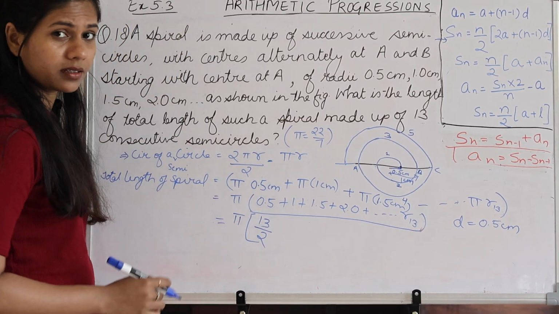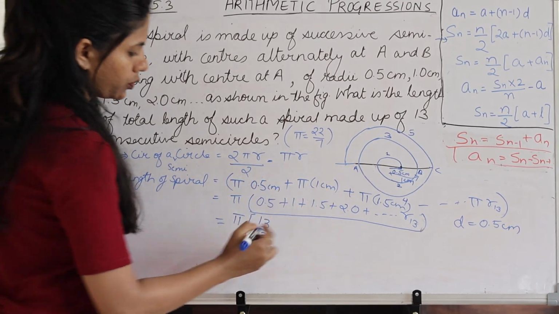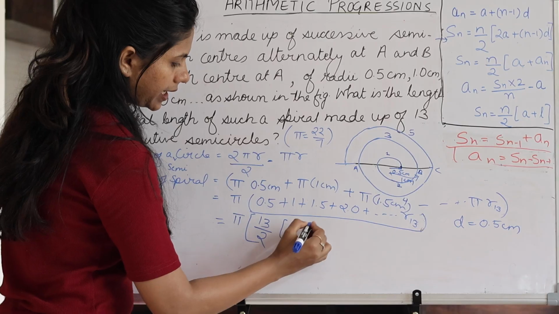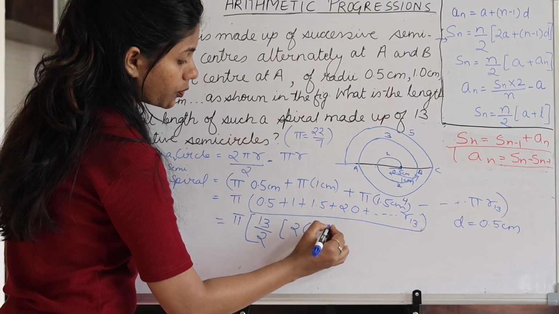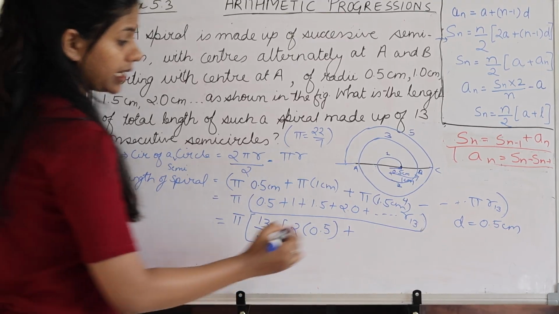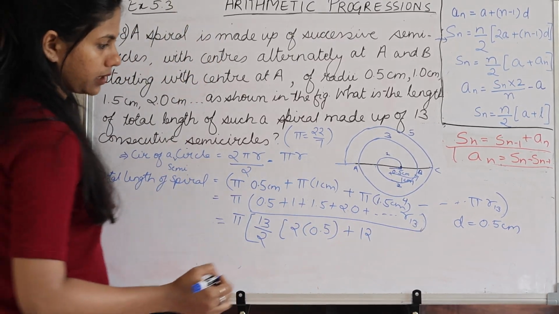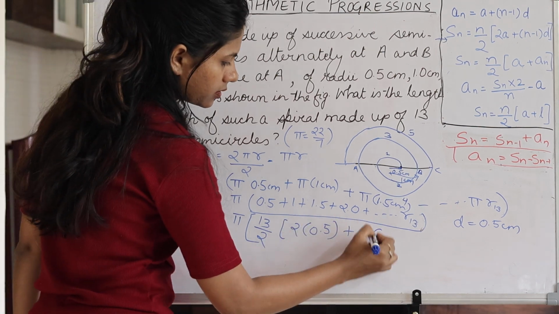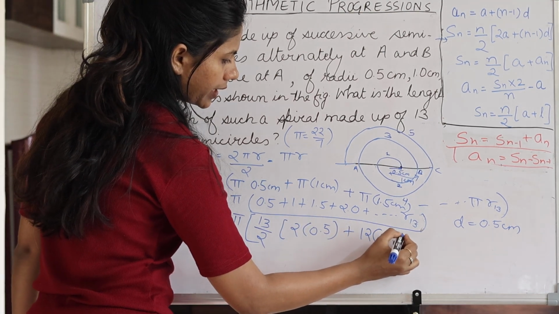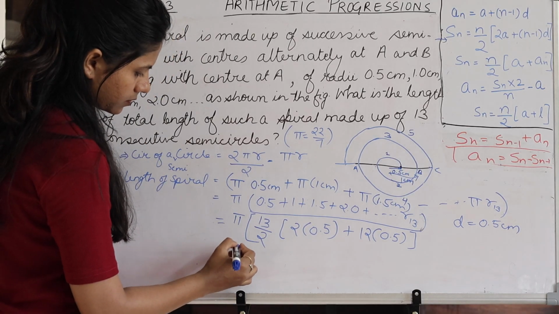We have 13 terms in this AP. 13 by 2 times 2a. What is a here? 0.5, the first term, plus n minus 1. n is 13, 13 minus 1 is 12, times d. d is 0.5.